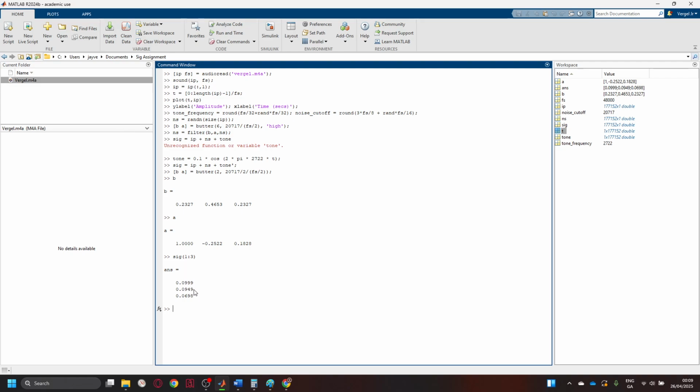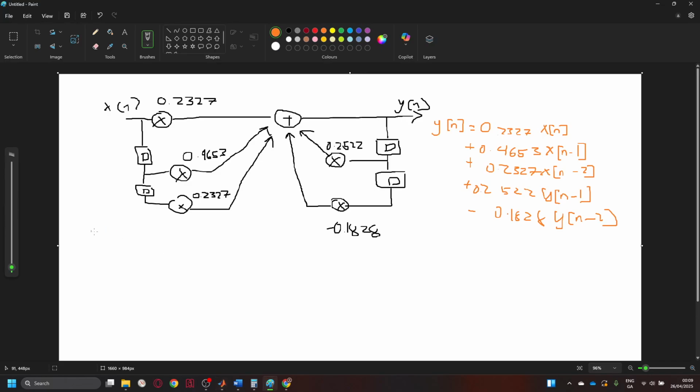So this is going to be our first three inputs. So 0.999. Our x of n will be equal to the following numbers.